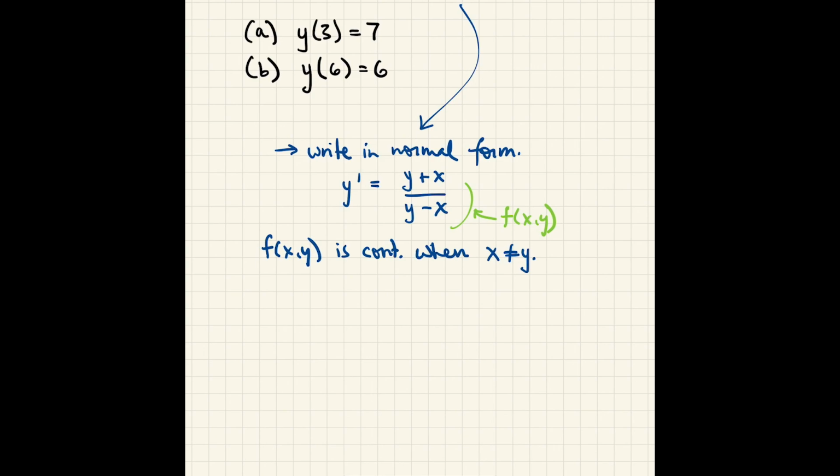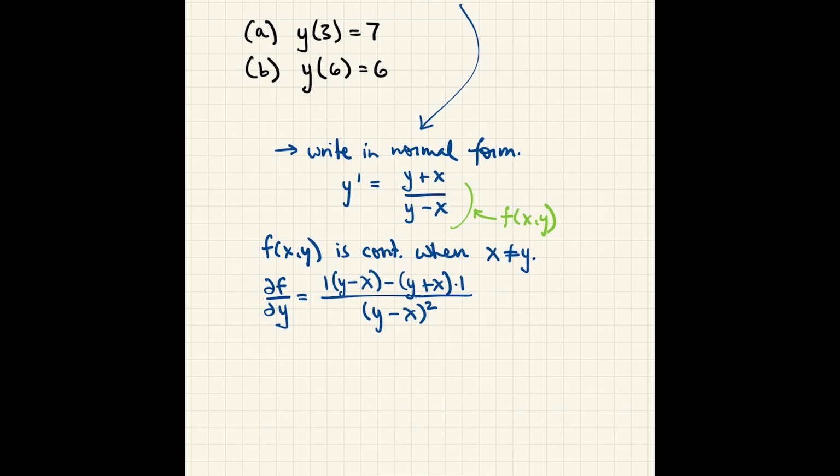Let's take the partial. So the derivative of f with respect to y is going to be, now here we do need the quotient rule. So the derivative of the numerator, which is actually just 1, times the denominator minus the numerator times the derivative of the denominator, which is 1, over the denominator squared.